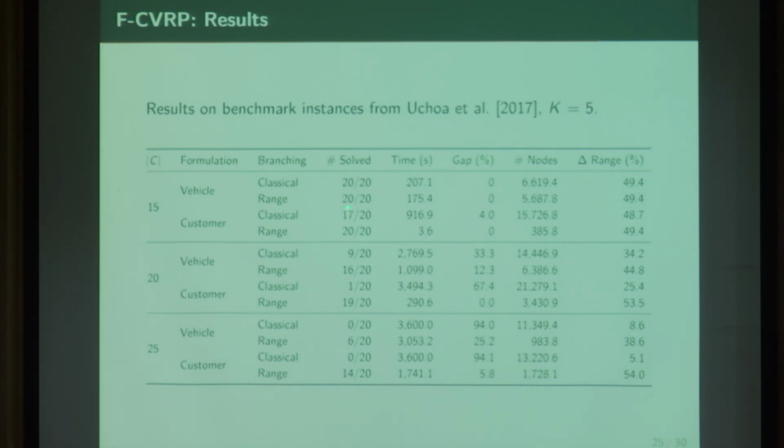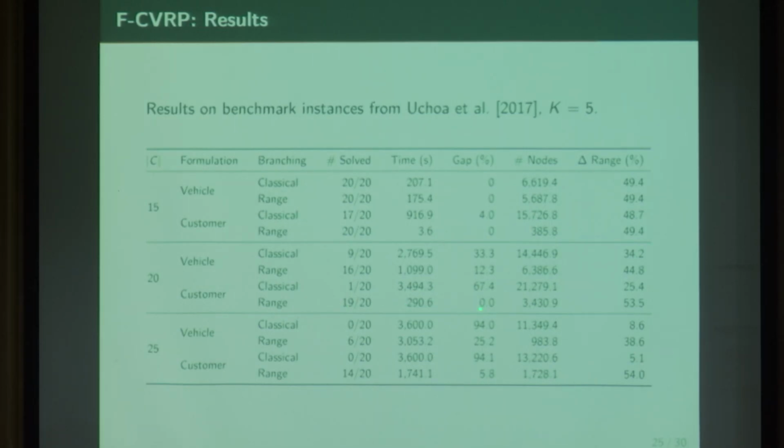This is actually 2 orders of magnitude faster than doing the vehicle formulation even with range minimization. For 20, the situation becomes, I go from 9 to 16 in half of the time, in 1/3 of the time. I can go from 1 to 19 in only 290 seconds, which is a very significant improvement.